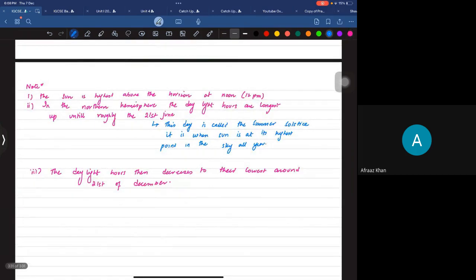So remember this date, 21st December, it is basically called winter solstice. Winter solstice. All right, like that. When the sun is at its lowest point in the sky all year, like that.